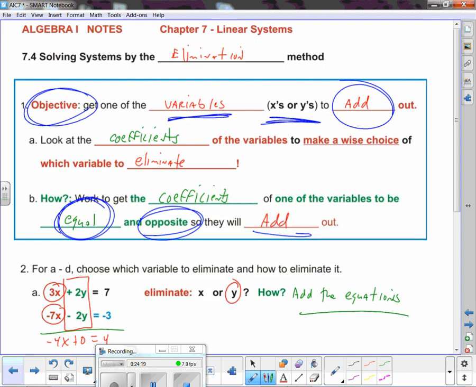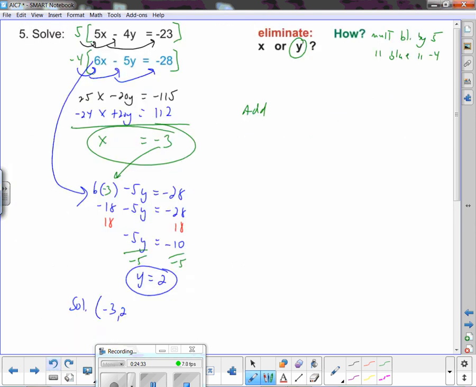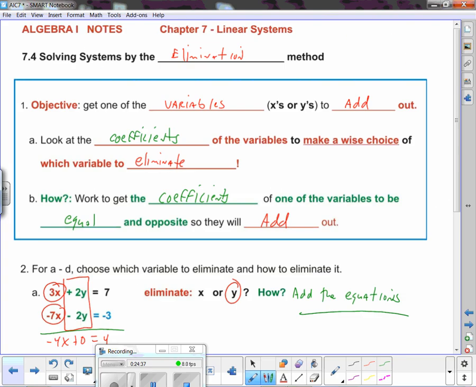If that's the case, they will add out. So remember, you want to make a wise choice as to which variable to go for. Okay? Once you get that cared for, then it's a situation of adding the equations, and after you add the equations, you sub in and get the other variable. Okay? Hey, not so bad, not so tough.